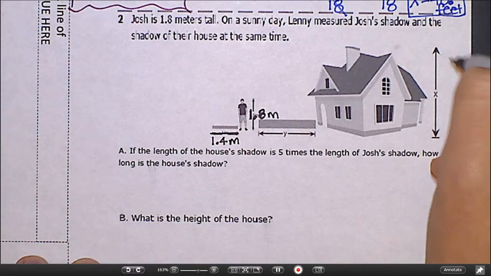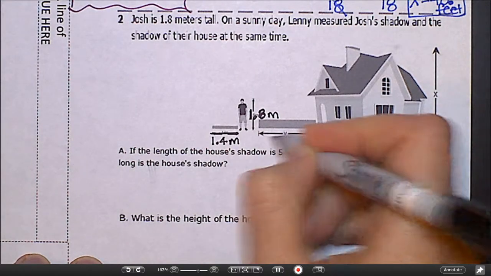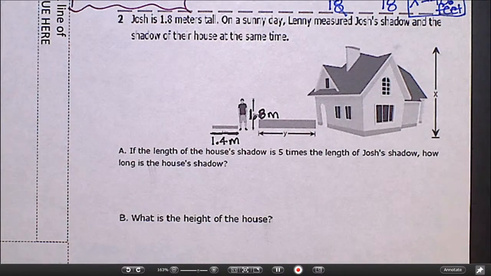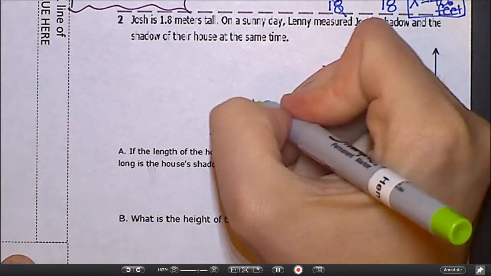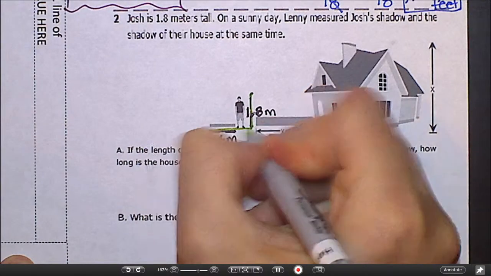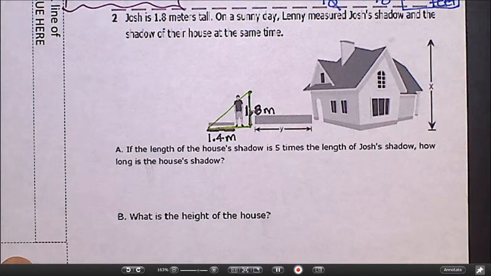And then the height of his house is x, and the shadow of his house is y. So you can actually picture this as two similar triangles. We have Josh, and we've got his height and his shadow that make a triangle.